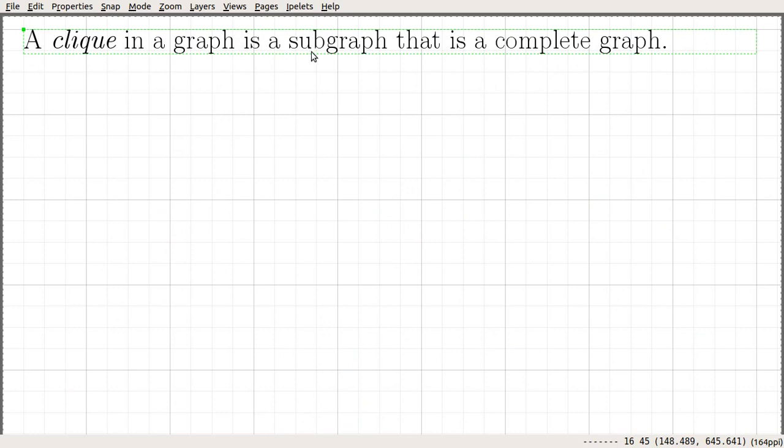Another kind of subgraph is what is called a clique. A clique in a graph is a subgraph that is a complete graph. Let me give an example.